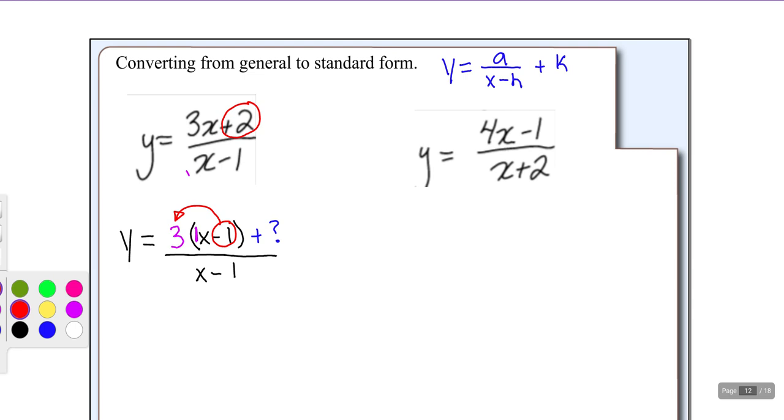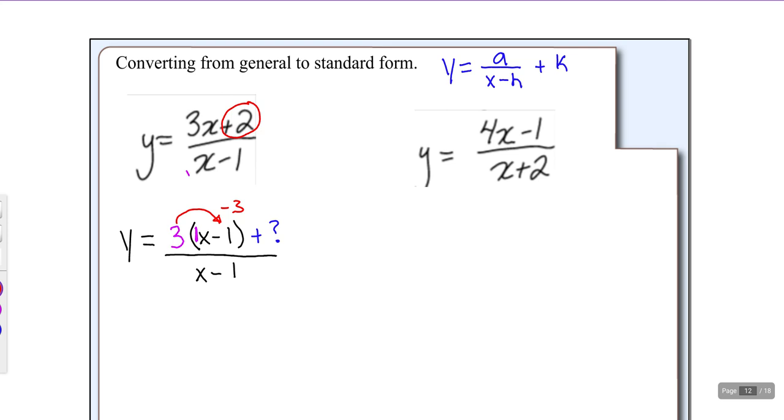Again, thinking backwards, if I had multiplied that 3 in, this number was negative 3. Are we okay with that? So if this was negative 3, then I could have factored a 3 out and it would have become x minus 1.